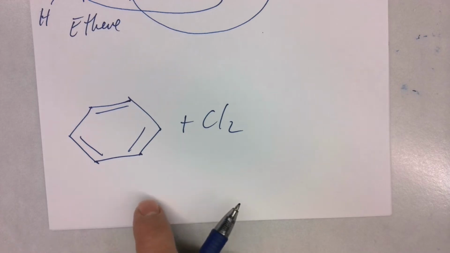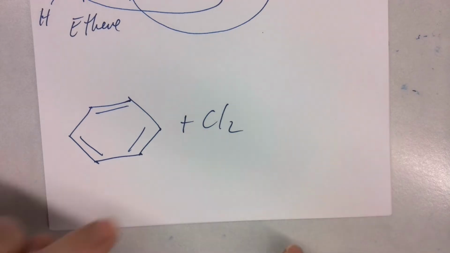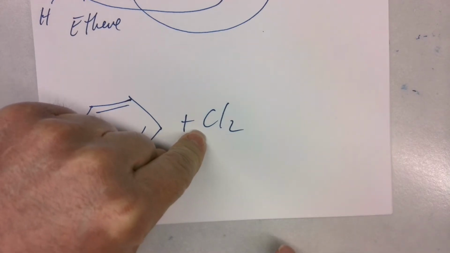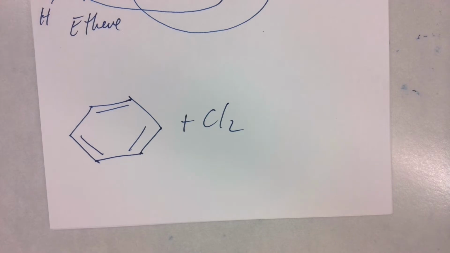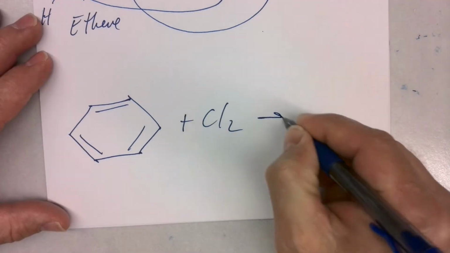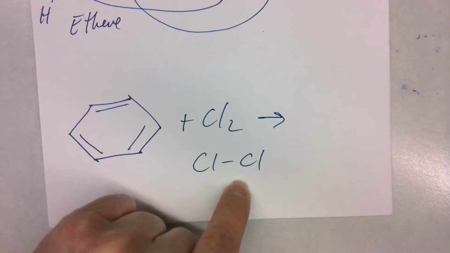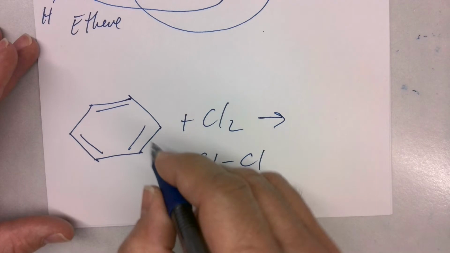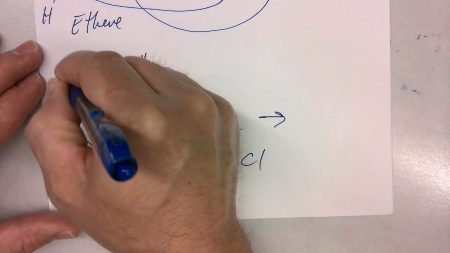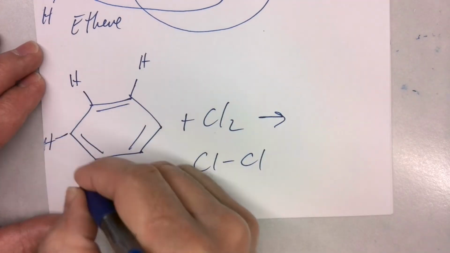When they take an aromatic and add Cl2 to it, this is what happens. Pay attention to this because this is important. There's probably a reason I'm discussing this if you get my drift. This again is Cl bonded to Cl, and each one of these still has one H on it.